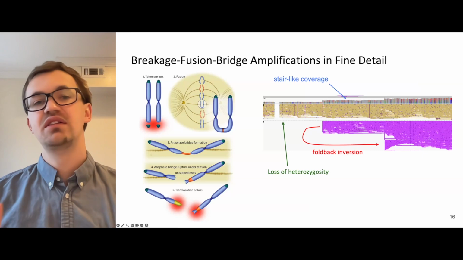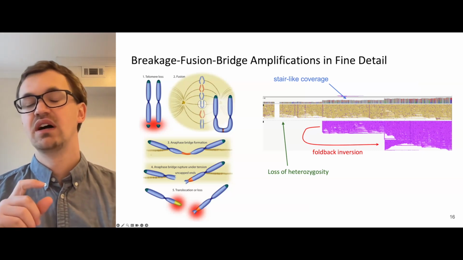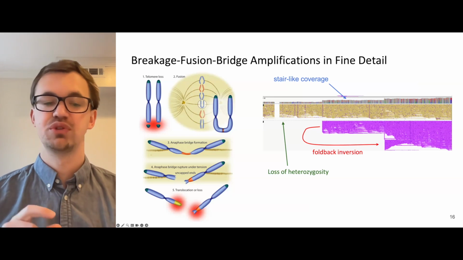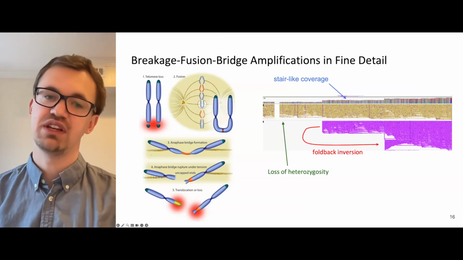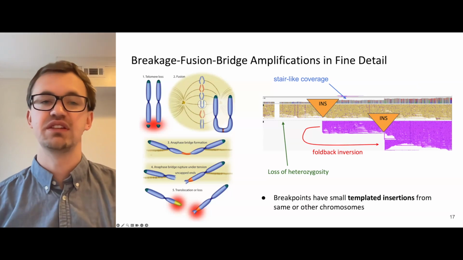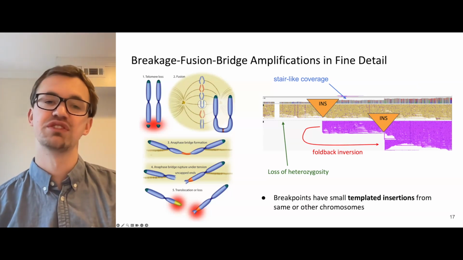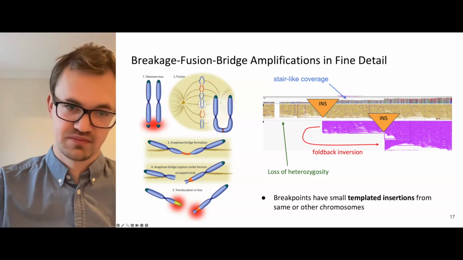And we can see clear breakpoints of this inversion. It really enables us to have sequence-level resolution and study in detail what is happening around these breakpoints. And what we found was that there are actually sometimes templated insertions around these breakpoints.